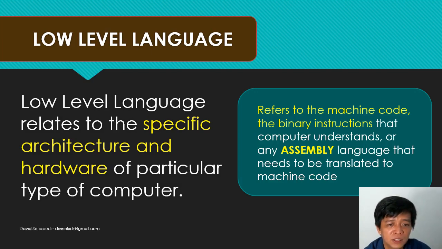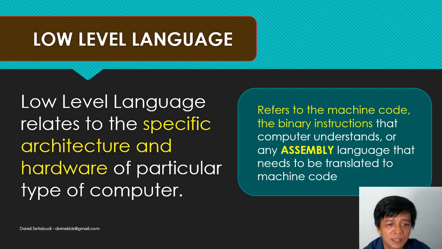It refers to the machine code, the binary instructions, 0, 1, 0, 0, 1. Okay, that one is low-level language. But there are 2 types of low-level language. The first one is the machine code. The second one is assembly.